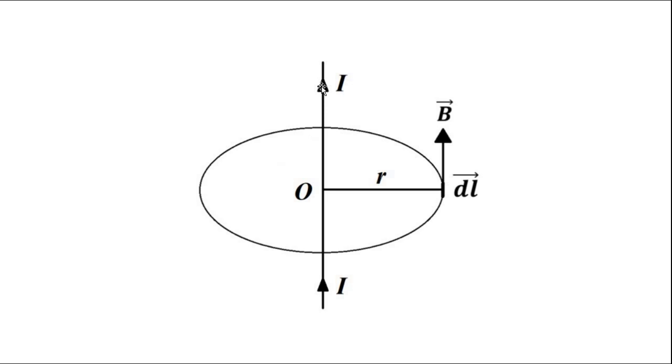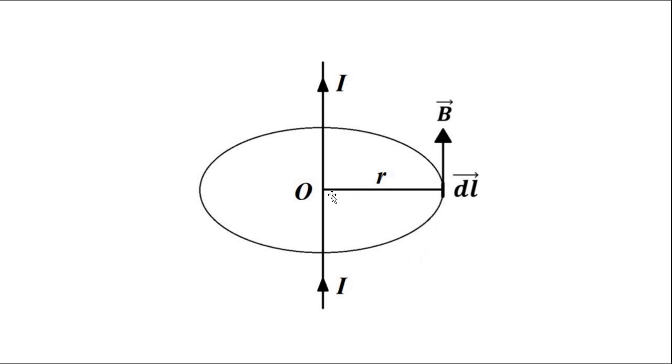This conductor carries a current I, and as a result it produces a magnetic field like this. We know that by the right hand fist rule, for a straight current carrying conductor, if the thumb points in the direction of the current, then the direction in which the fingers curl gives us the direction of the magnetic field.